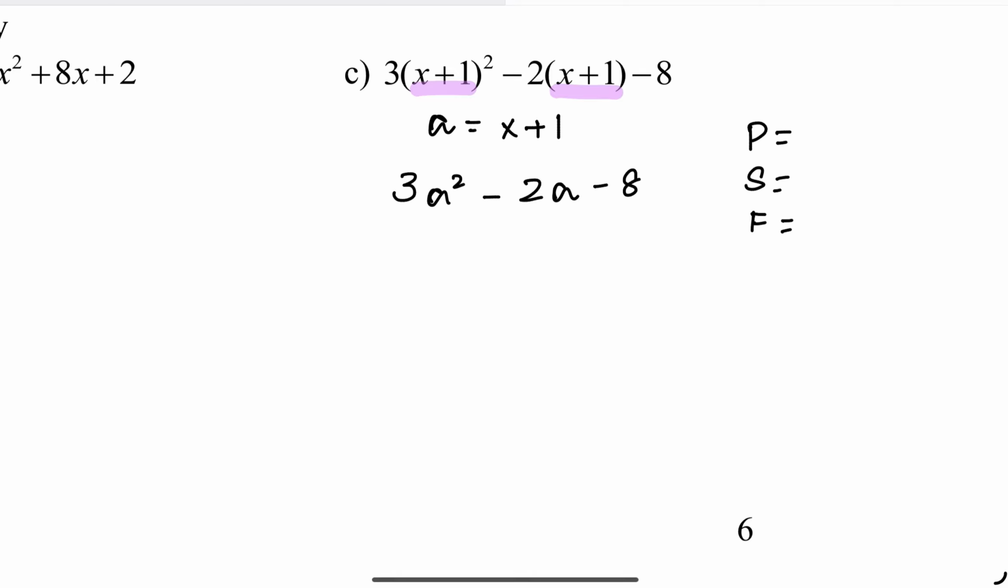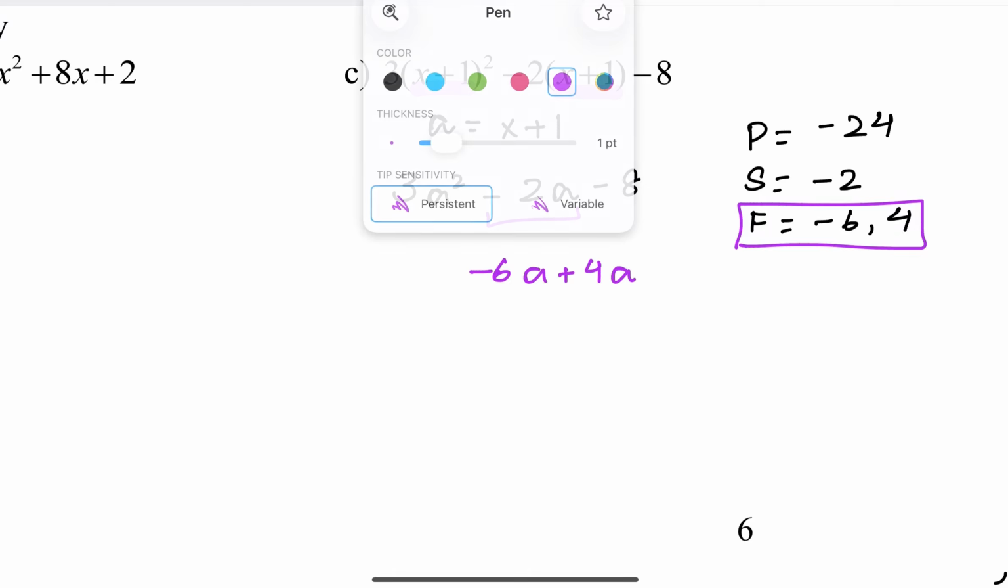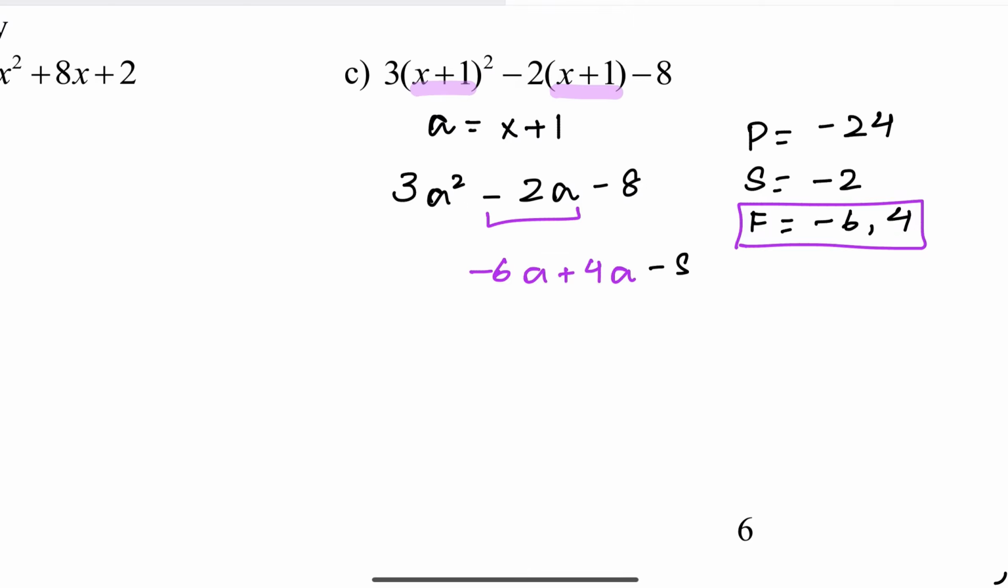So my product is going to be 3 times minus 8, which is -24. Sum is -2. And my factors will be -6 and 4. Okay, so I'm going to split my middle term to make it equal to these. So it'll be -6A plus 4A, and then everything else stays the same, 3A squared, -8.